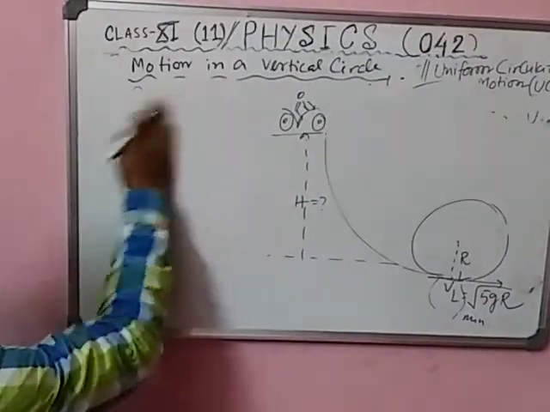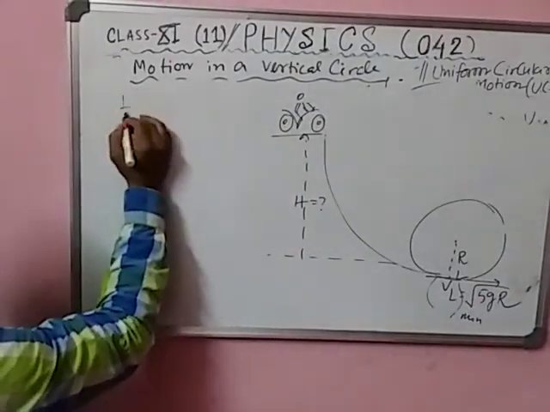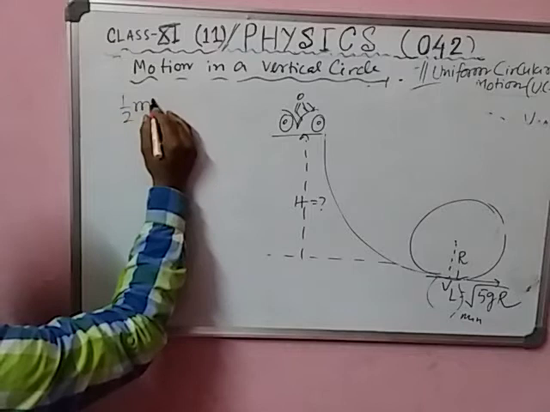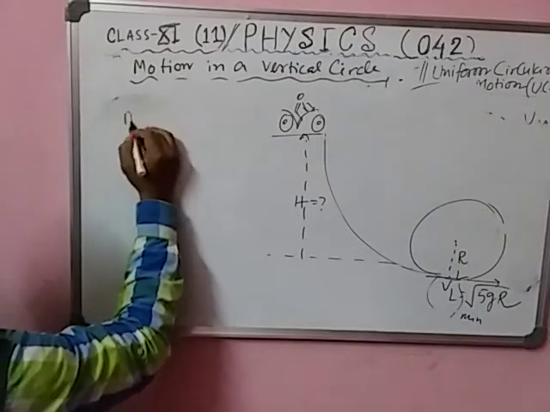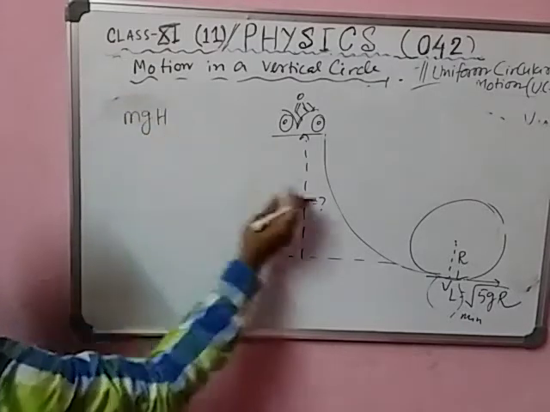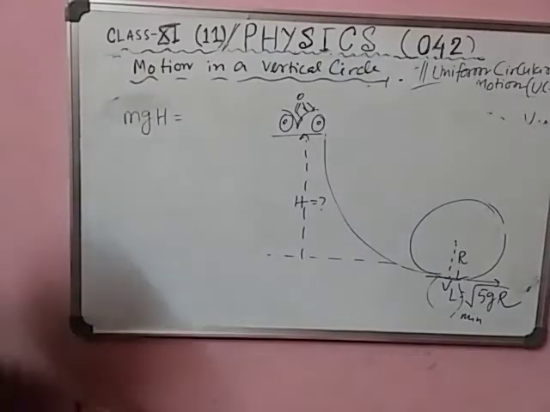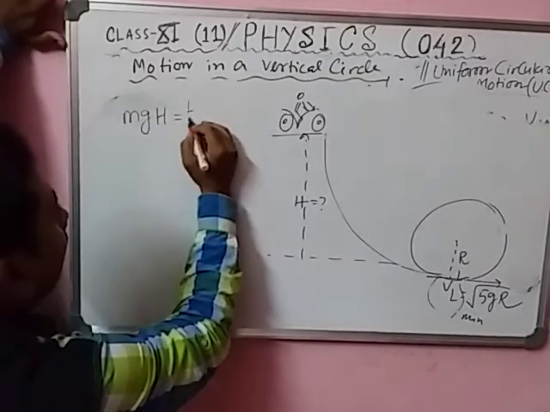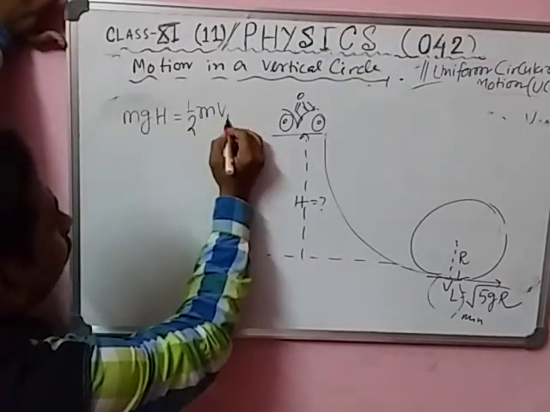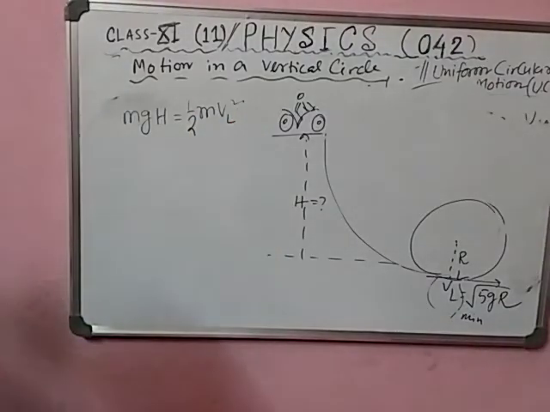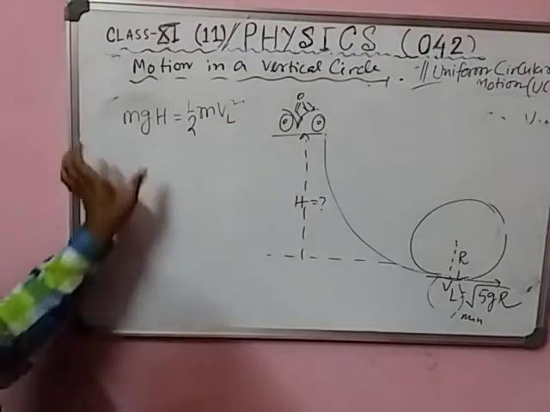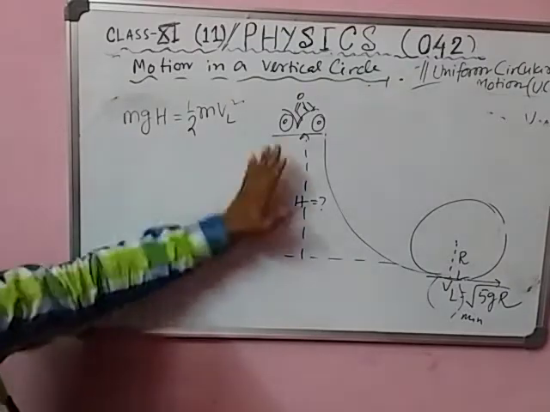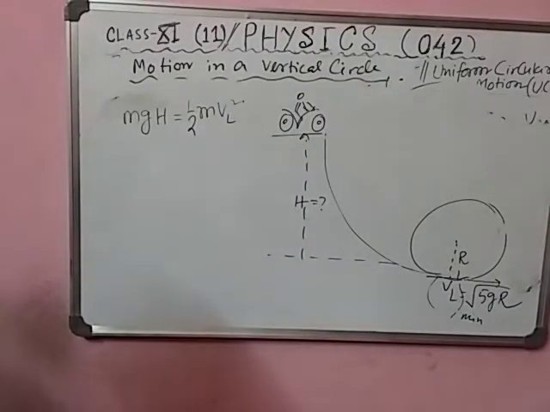So we can write mgh, h means the height, is equal to half m vL square. That will be the lower point velocity. Am I right? The potential energy must be equal to the lower point kinetic energy.